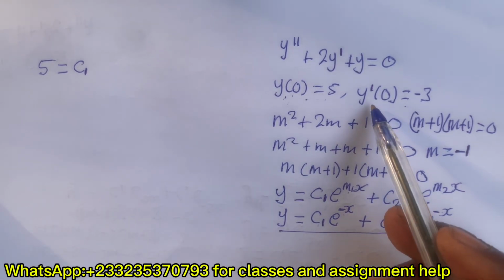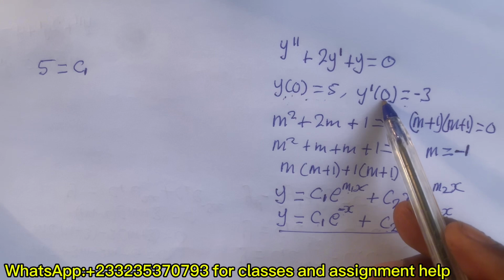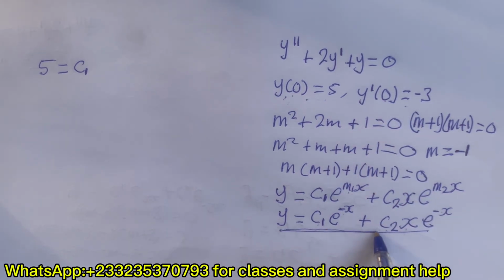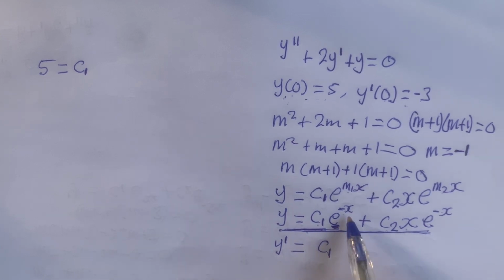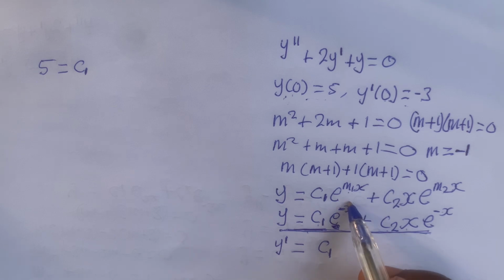Now, before we use y prime of 0, we need to differentiate or find the first derivative of the general solution. How do we find the first derivative of this? We take y prime to be equal to c1 is a constant, so we put c1 down. How do we differentiate e power negative x? Just take the power negative x and differentiate with respect to x. It will give you negative 1.